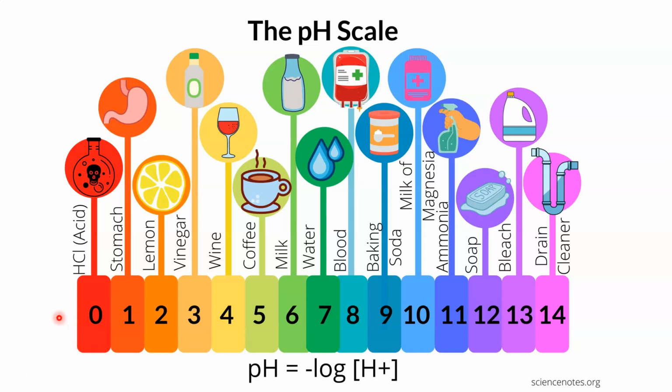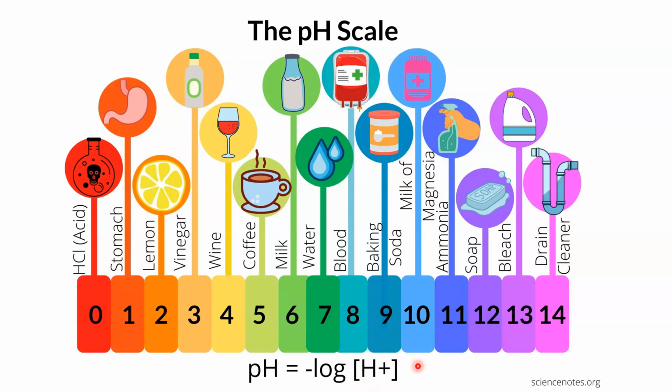We've talked about this a bit, and here is our pH of 0 all the way up to our pH of 14. And if we remember from our class, the pH is a mathematical description of the H plus or hydronium ion concentration in solution.